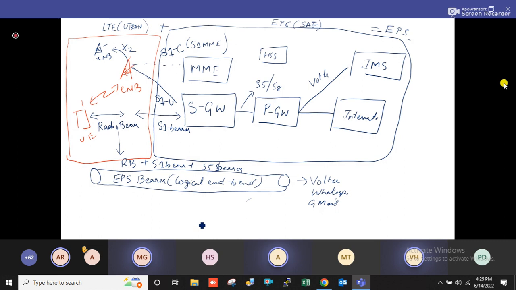Okay, you're getting my point about bearer. So this is called as bearer. Now in bearer, we have two types of bearer here. One is called as default bearer. Another one is called as dedicated bearer.